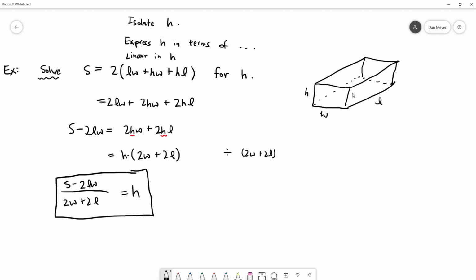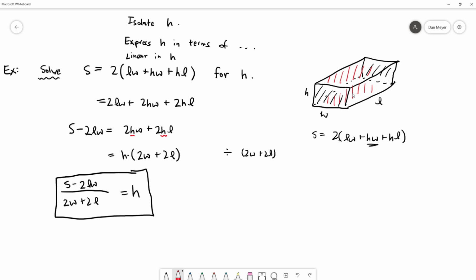And so if we have a cardboard box with a top, S equals 2 times length times width plus height times width plus height times length. Well, height times width is the area of the front as well as the back. So 2 times height times width gives us the area of those sides.